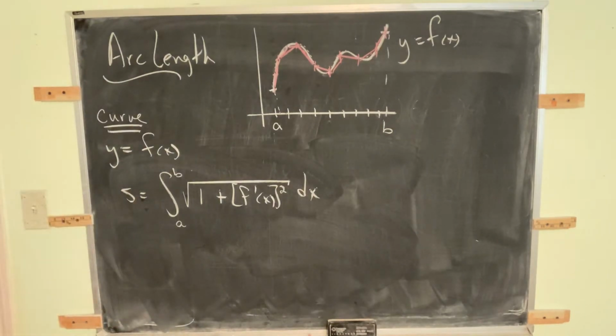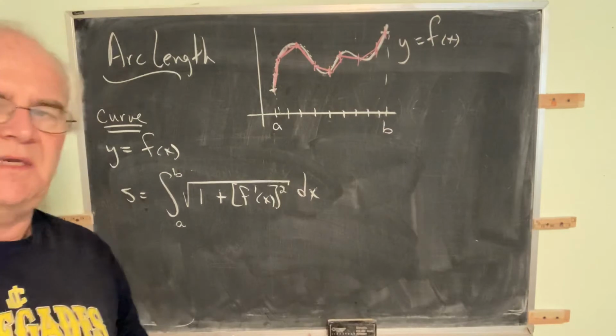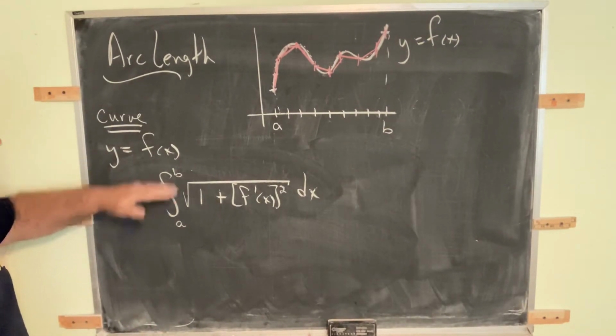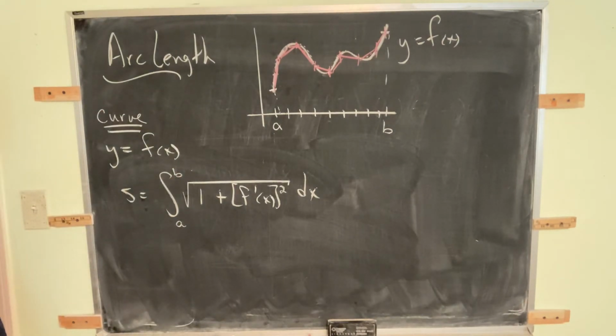That's the formula for arc length. All you need is the formula for arc length. You do not need to develop it. You do not need to see where it comes from. Just know that if you're given a function in this context, that's the formula for finding arc length.